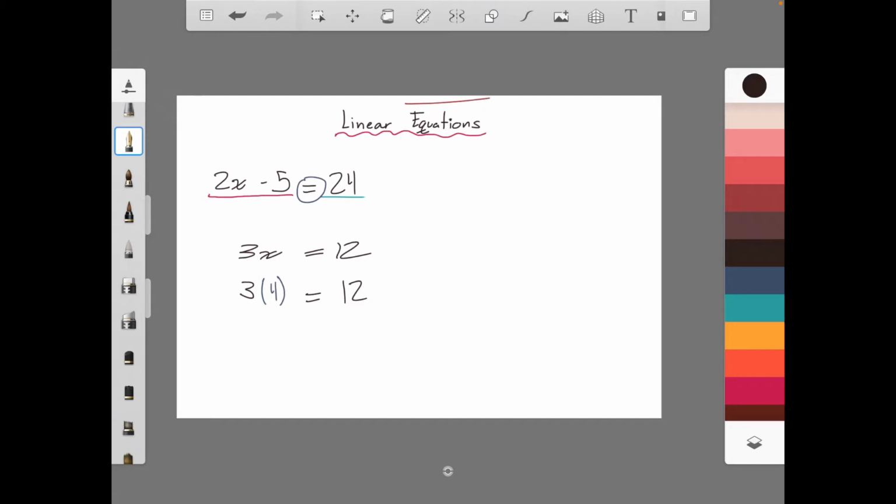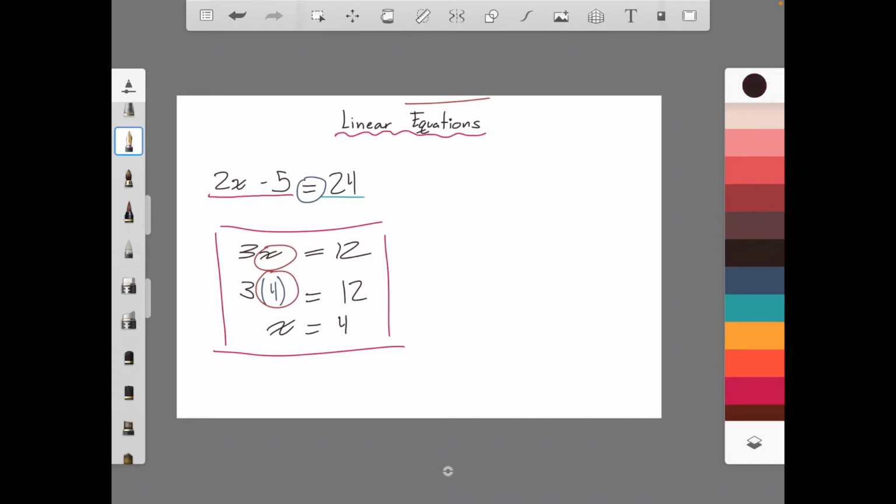So we could say that the value of x over here is 4, and we will write it down here. X is 4. Of course, there's a whole process behind it. This is just a basic example of how linear equations work.